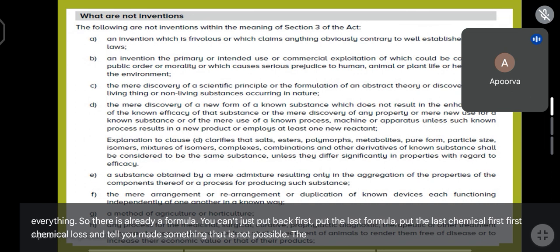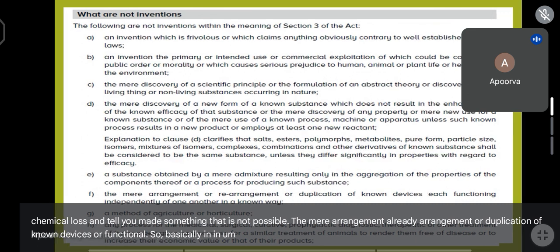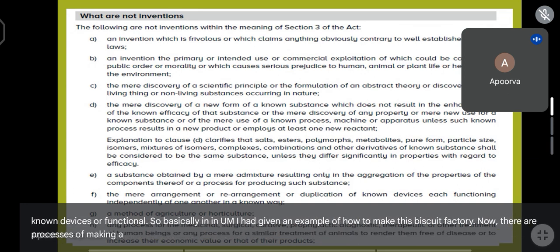The mere arrangement or rearrangement or duplication of known devices or functions. So basically, I had given an example of how to make a biscuit factory. Now there is a process of making biscuits.